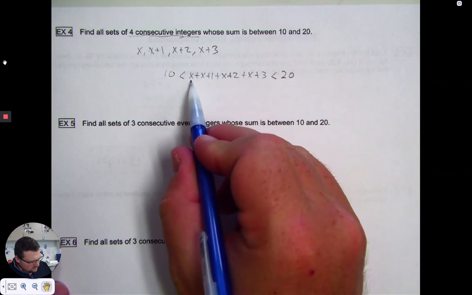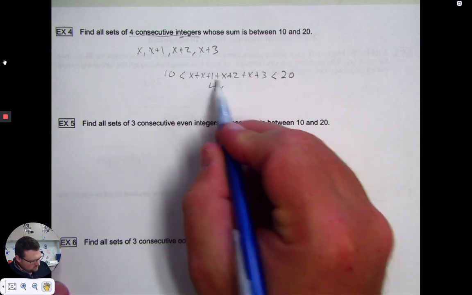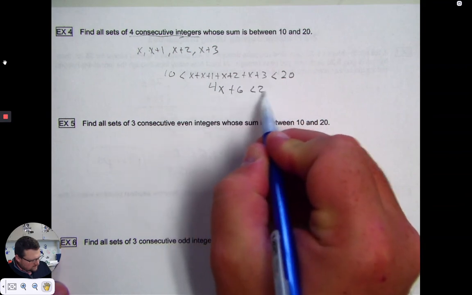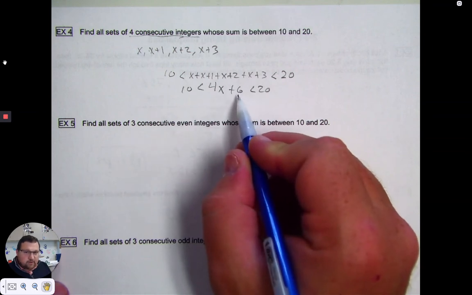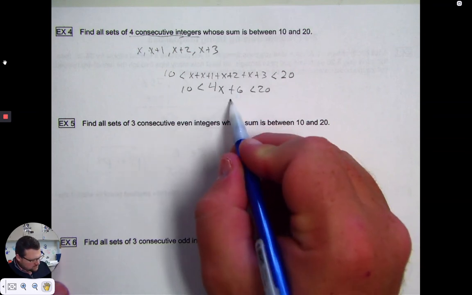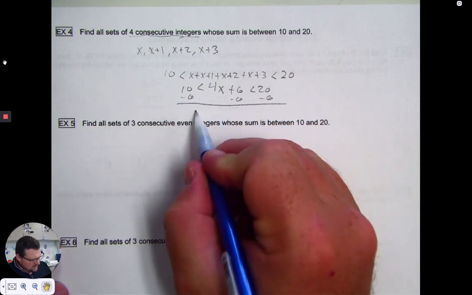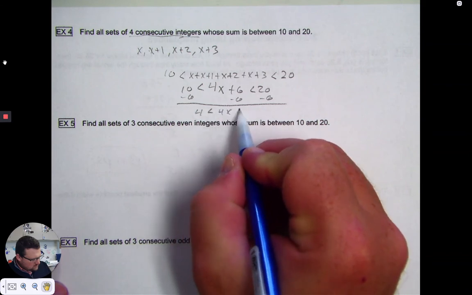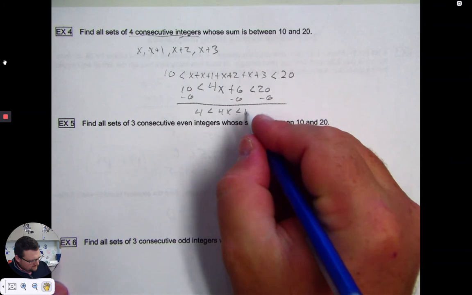Now we have to combine like terms. We have 4 x's, and then 1 plus 2 is 3, plus 3 is 6. Again, whatever we do to one part, we have to do to all parts. To get rid of this plus 6, I subtract 6 from every part. That gives me 4 is less than 4x, which is less than 14.